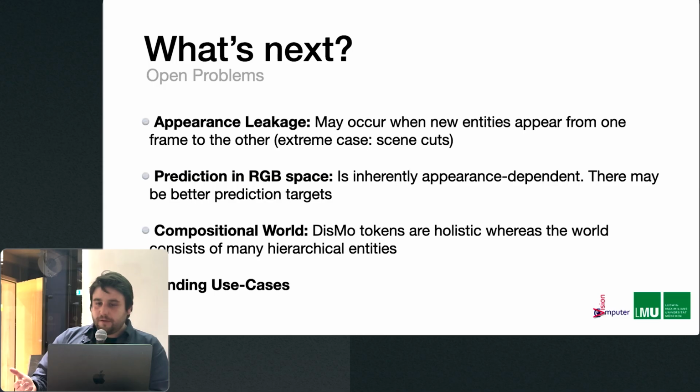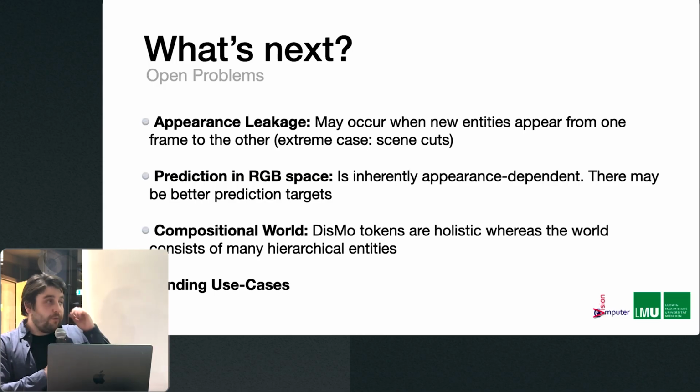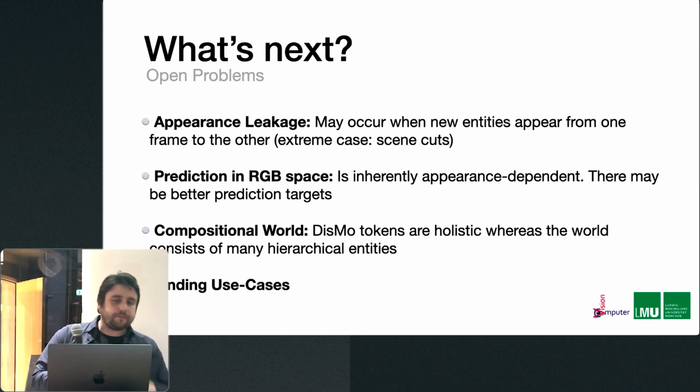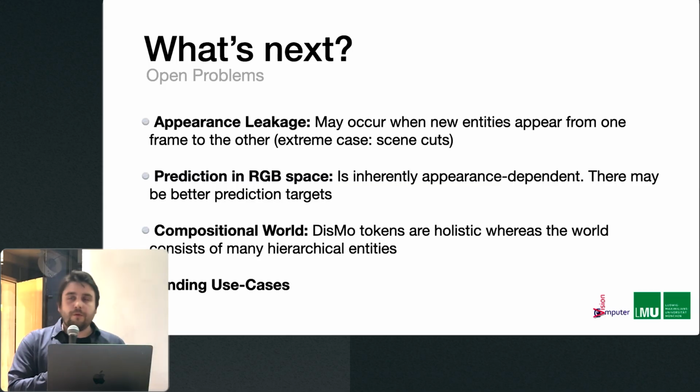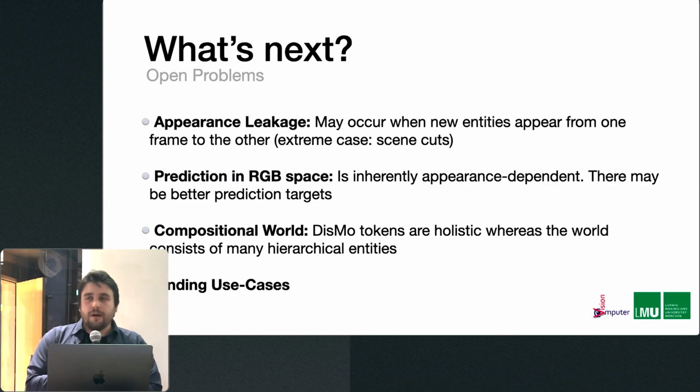One other big factor, and that's why I will also quickly show some recent work of our lab in that direction, is that these Gizmo motion representations are of course global. So for each frame, one motion representation represents the entire frame, but the real world is of course compositional.